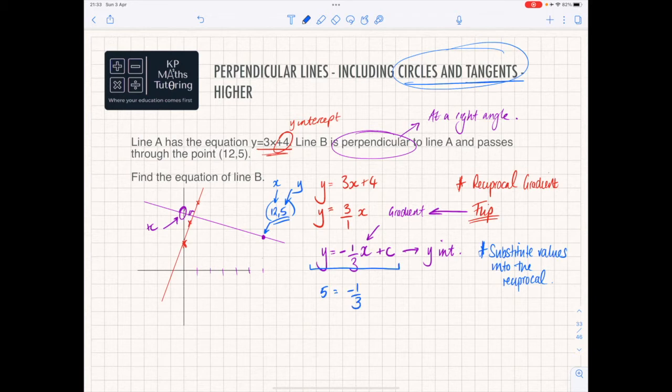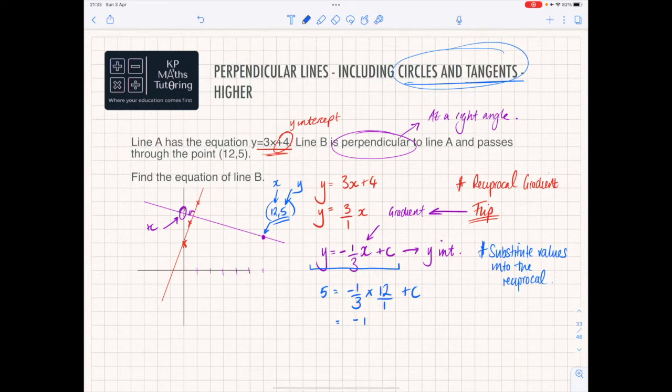Minus a third. Now remember that minus a third of x means minus a third times x. So I times that by what I've got here, which is 12, so times 12, and then plus c. Now, keeping this all in fractions makes this a lot easier to work with. So I can call that 12 over 1. And when you're multiplying with fractions, you multiply top by top, bottom by bottom.